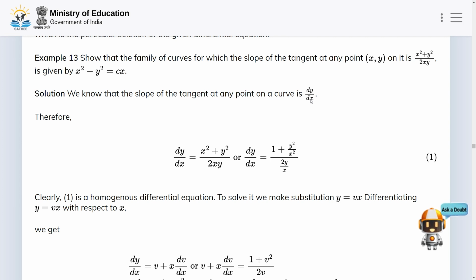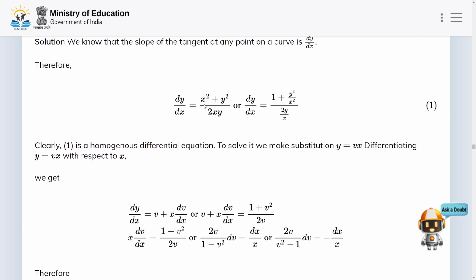Now, dy by dx is given as (x square plus y square) divided by 2xy. As you can see, (x square plus y square) divided by 2xy. You can take x square common from numerator as well as from the denominator. You will have (1 plus y square by x square) divided by 2 y by x. You are having the y by x form.